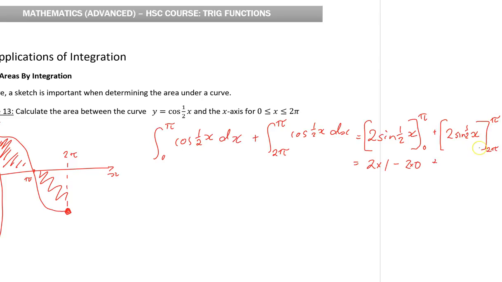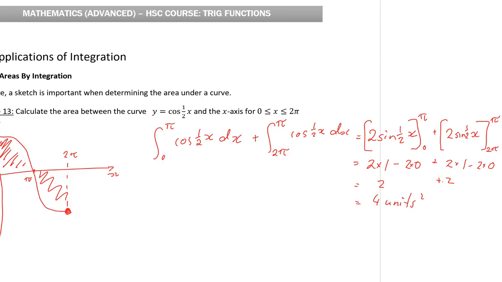Plus, we're going to have 2 times the sine of pi, which is 1, so 2 times 1, minus 2 times the sine of half of 2 pi, which is 0 again, minus 2 times 0. That equals 2 minus 0 plus 2 minus 0, which is 4 square units.